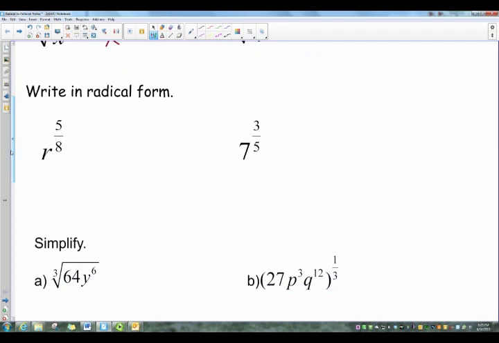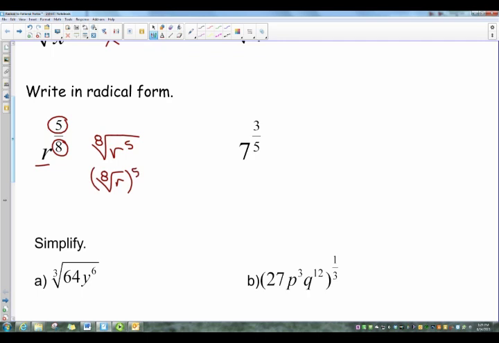So I've got this rational exponent. My denominator, remember, becomes your index. Your index is the number on the outside of the radical. The base goes on the inside. And then your numerator, which is the 5, goes in one of two places. It can become r to the 5th that way, or I could write it as the 8th root of r, the whole thing raised to the 5th.